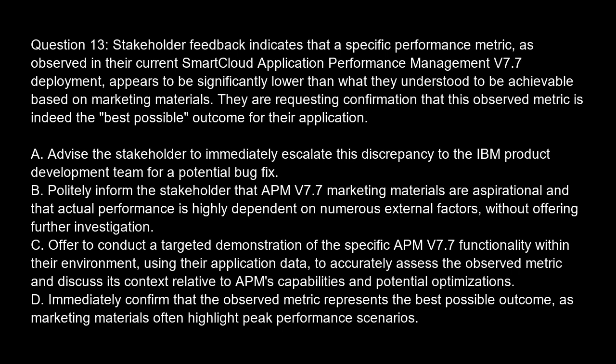Option C. Offer to conduct a targeted demonstration of the specific APM V7 functionality within their environment, using their application data to accurately assess the observed metric and discuss its context relative to APM's capabilities and potential optimizations. Option D. Immediately confirm that the observed metric represents the best possible outcome, as marketing materials often highlight peak performance scenarios.